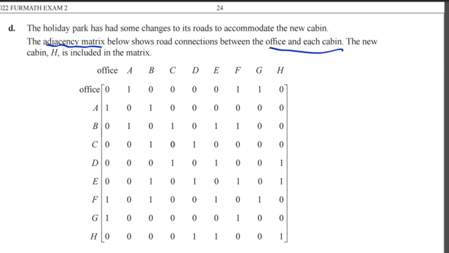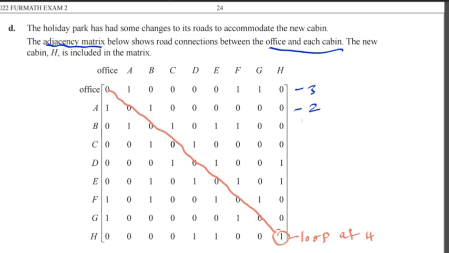So what I actually thought was the best way to do this is to look at the degrees of each of these vertices. And so that's 2. Now the interesting thing that I noticed is along the diagonal, which is the first thing you should see, there happens to be a loop at H. So when you add the new cabin H, you have to add a loop at it as well, and a loop counts for 2 in terms of a degree.